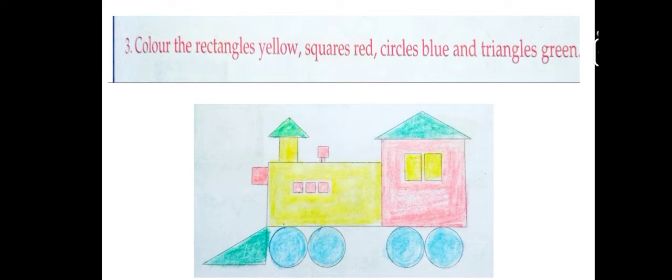Now our next question number 3. Color the rectangles yellow, squares red, circles blue and triangles green. Students, now in front of us one picture of an engine is given. This engine has lots of shapes, like squares, rectangles, circles and triangles.